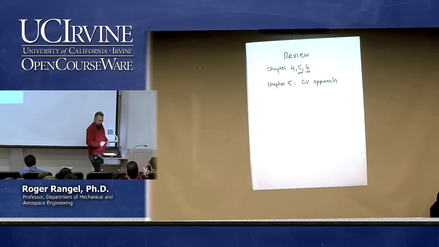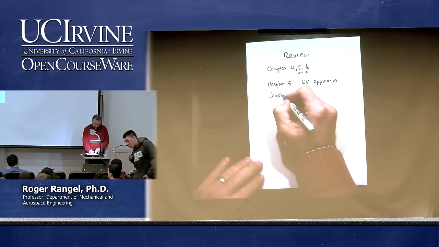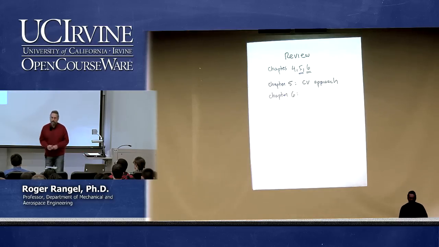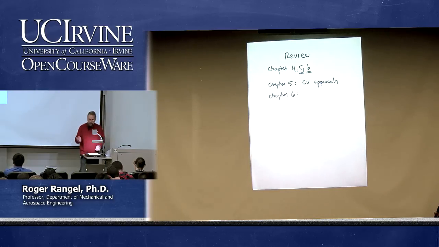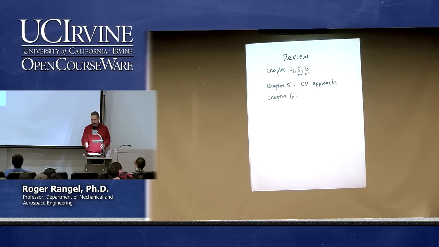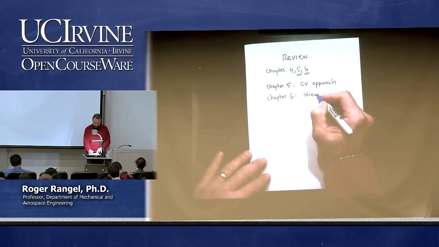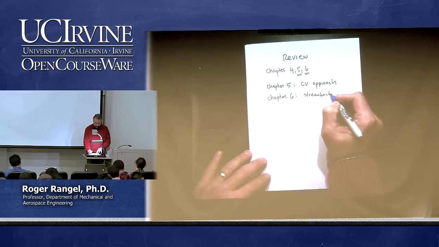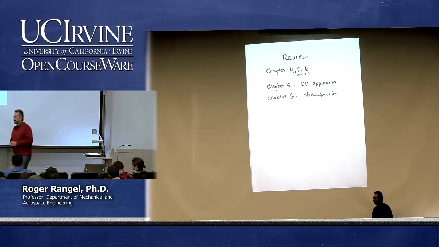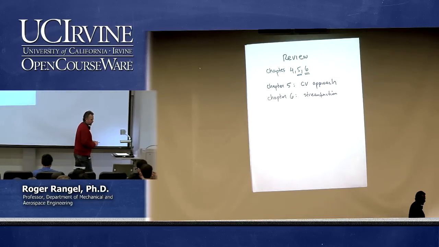And then chapter 6 is the long chapter that we broke up into 3 parts. So the first part, which was also in the second midterm, it's the same. I mean, it's a few things, but mostly the stream function approach to problems in fluid mechanics.